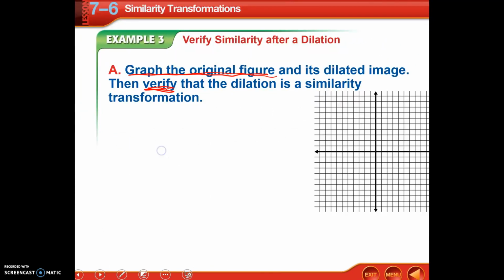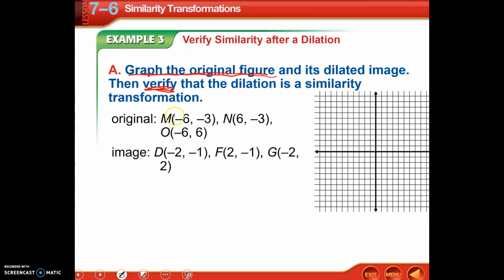So here's our original. -6 and -3, is where M is. N is at 6, -3. This is my original. And -6, 6.